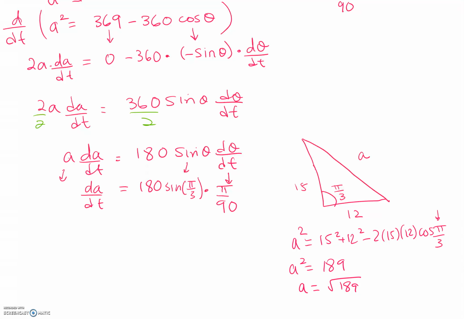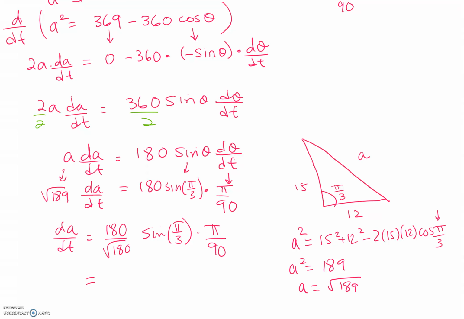So here we have the square root of 189, which means dA dt is going to be 180 over the square root of 189 times sine of pi over 3, again with your calculator in radians, times pi over 90.